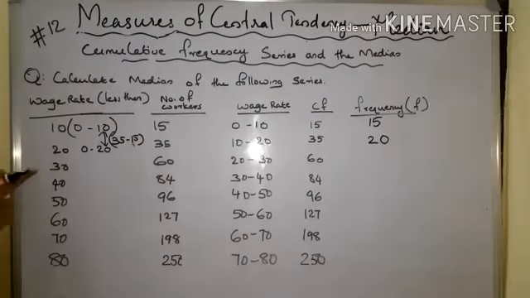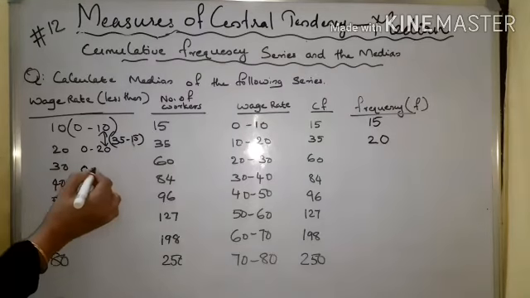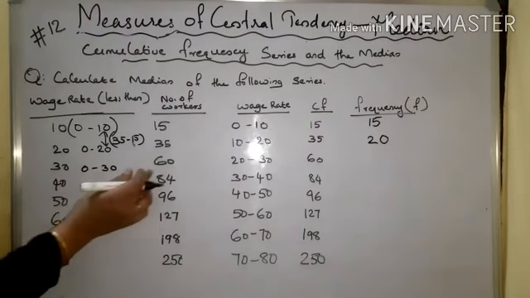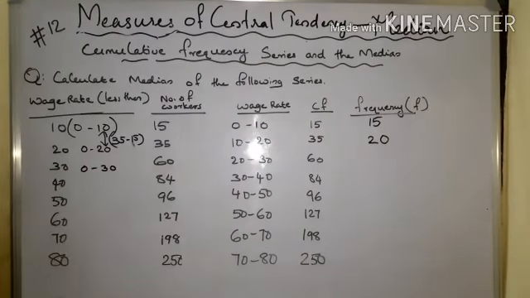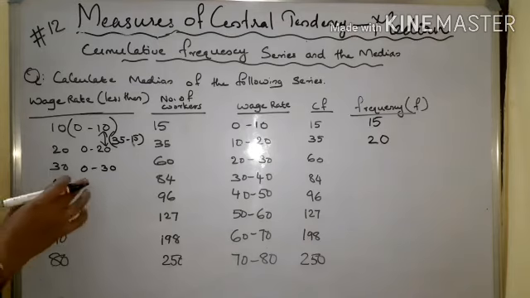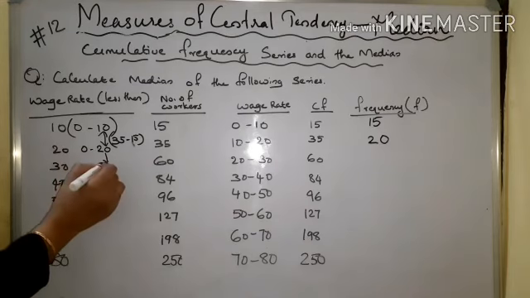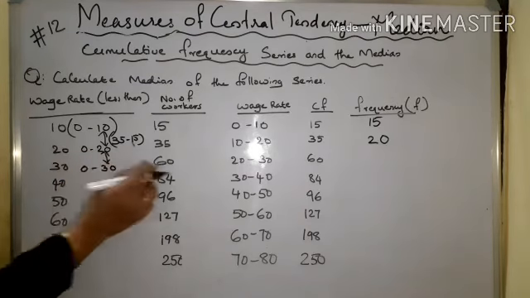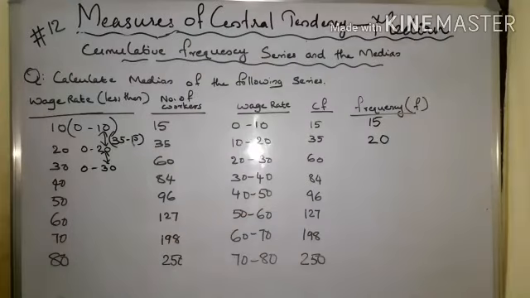Next, less than 30, which means 0 to 30. The cumulative frequency given is 60, but we need the actual frequency of 20 to 30.